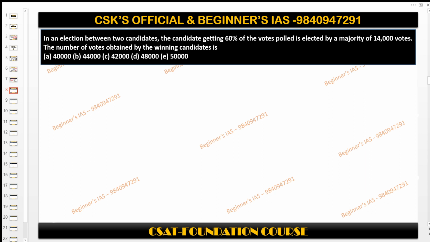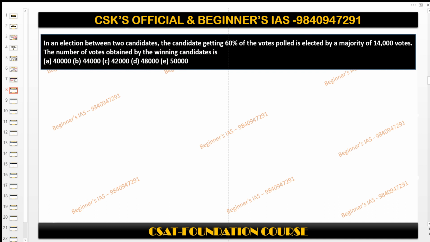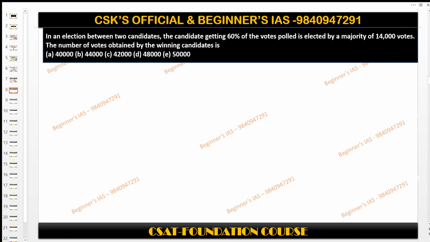The candidate getting 60% of the votes polled is elected by a majority of 1400 votes. The number of votes... Sir, option C, 42,000.